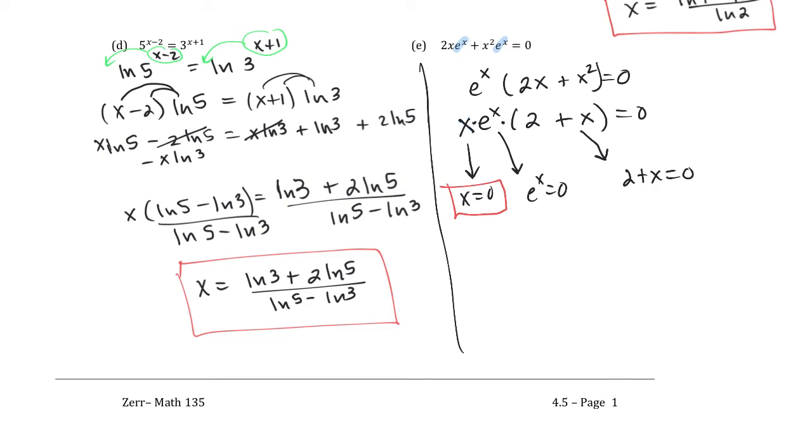I can't take that to any power. Even if I did a negative, I'm always going to get a positive non-zero output here. This has no solution. But here we can have x equals -2. So that's our other one. Okay, and then we'll just go ahead and check.